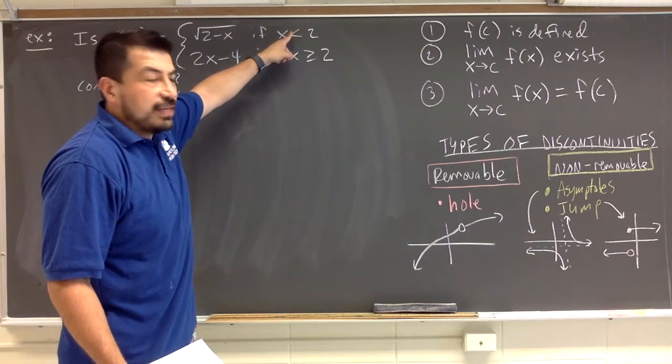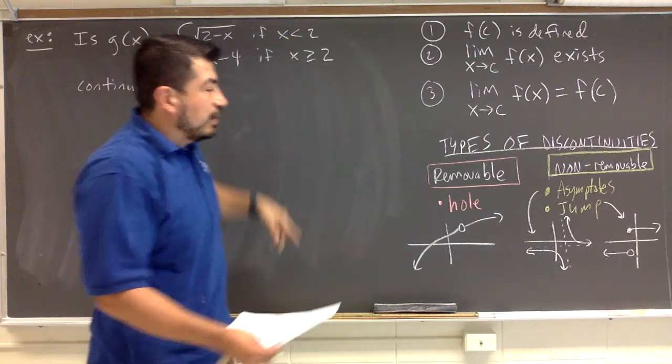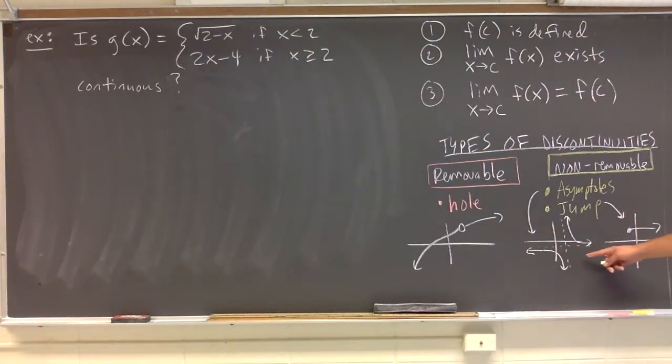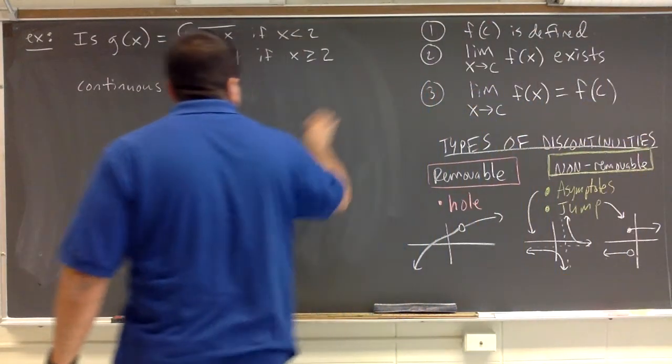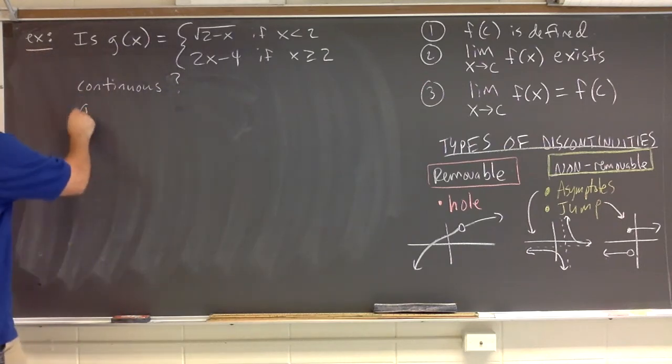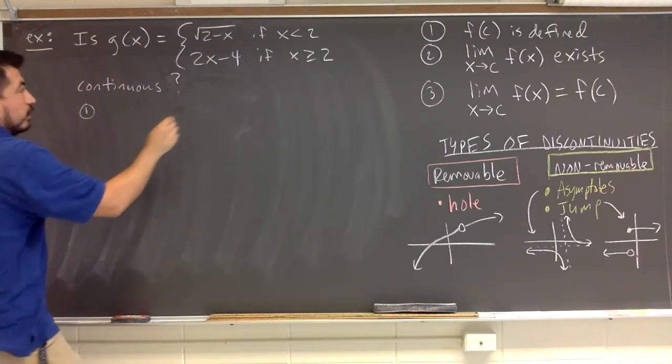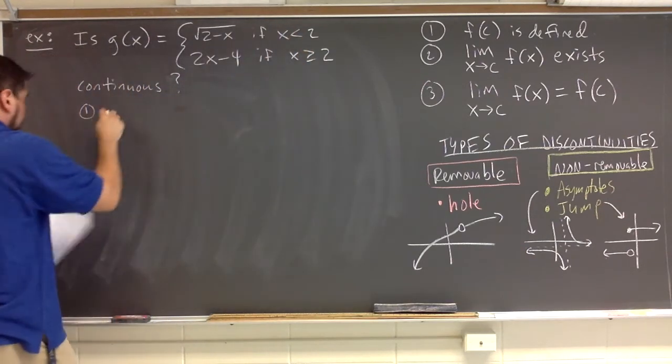Anytime we have a piecewise graph, that means we could potentially have something like this where we graph part 1, and then there's a separation or a jump, and then we pick up and graph the second part of the graph. And that's what we're trying to avoid. But just going through each of these conditions, number 1, this is where the issue is going to be.